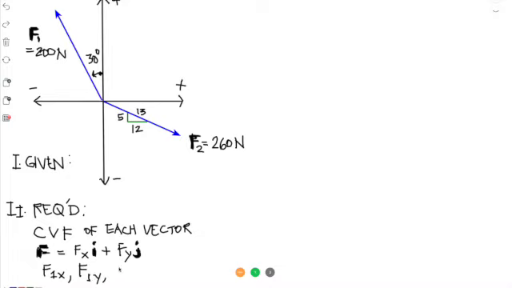Also we need f2x and f2y. Okay, so for the solution, let's pick which would go first, but obviously we will solve for the components of f1 first.